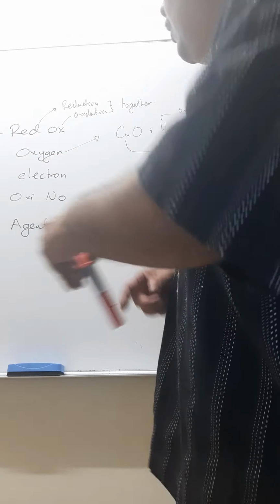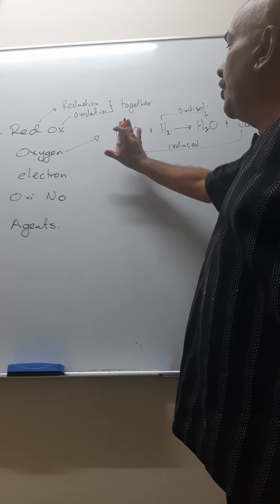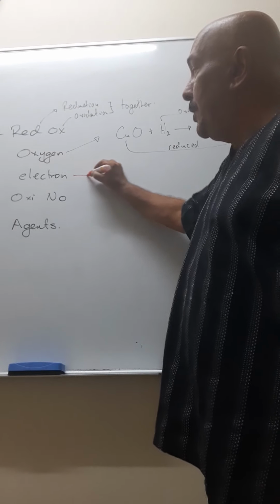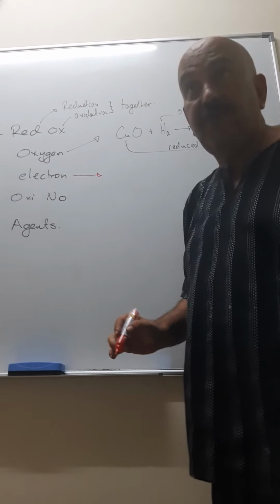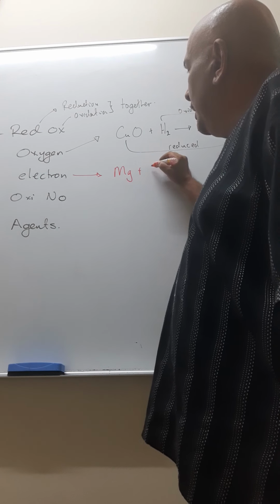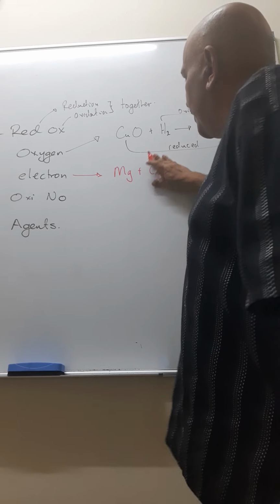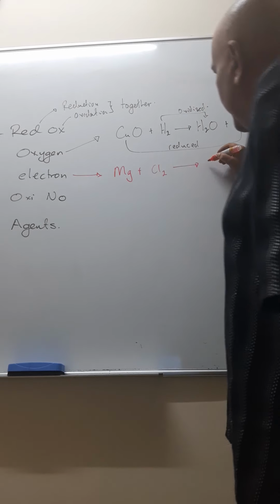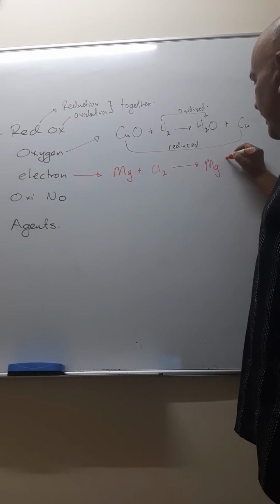Now we can have a whole variety of these. You don't have to have oxygen there. So when oxygen is not there, we look at it in terms of electrons. So for example, you do magnesium plus, sorry, not oxygen, let's say chlorine, and what you get is magnesium chloride.